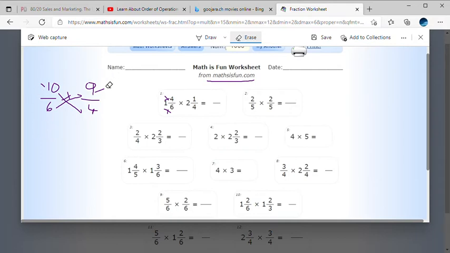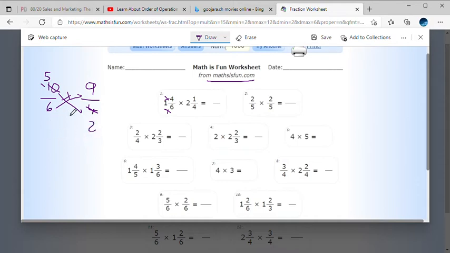So you look at the 10 and the 4 and ask yourself: what number could I use to divide both 10 and 4 without leaving a remainder? It will be 2. Using 2 to divide 10 gives 5, and using 2 to divide 4 gives 2.